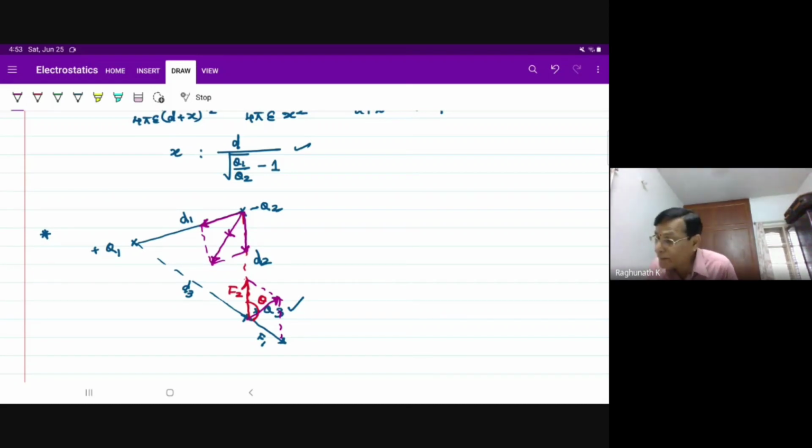In the case of Q1, because of Q2 it is attractive, and because of Q3 it is repulsive, because of which the resultant is along the diagonal of the parallelogram drawn. Check it. We are talking about the superposition principle. I don't want to do problems here because that is not our requirement. We are supposed to know things properly, fully well.